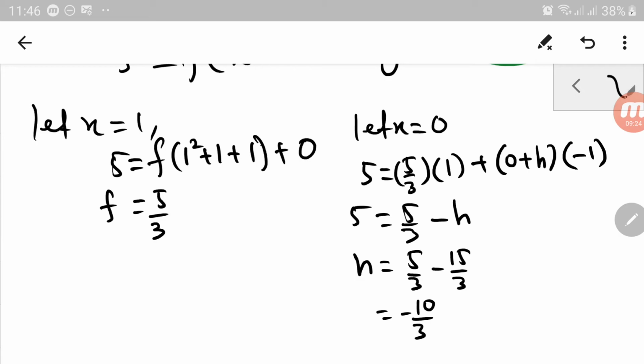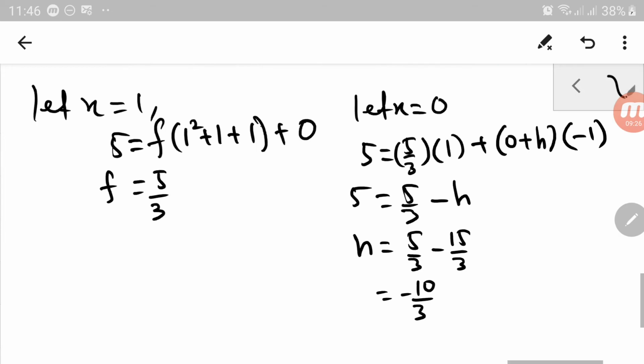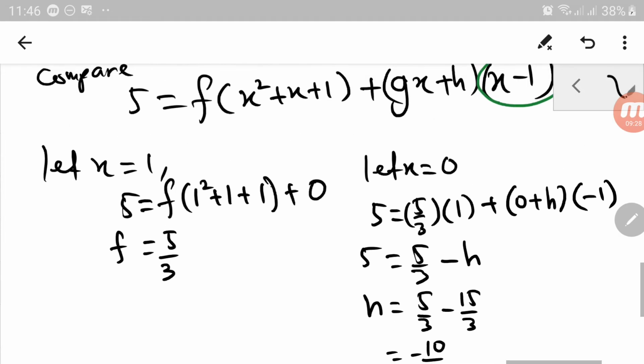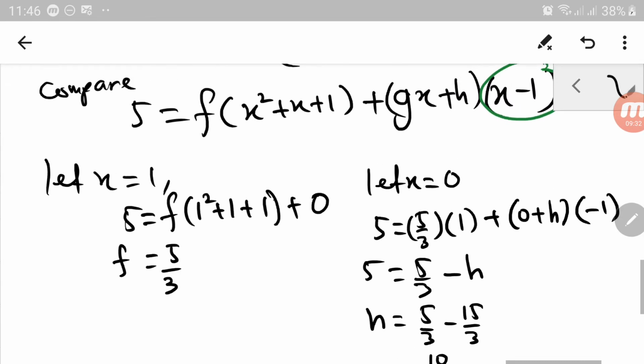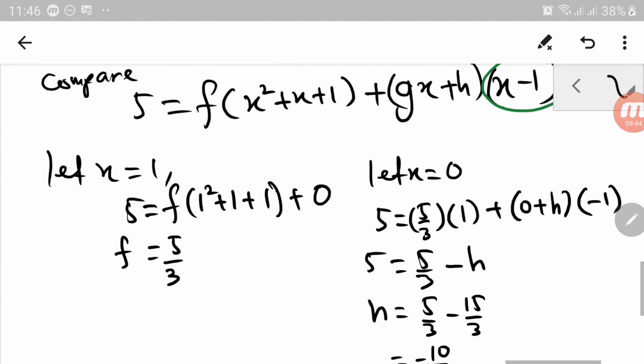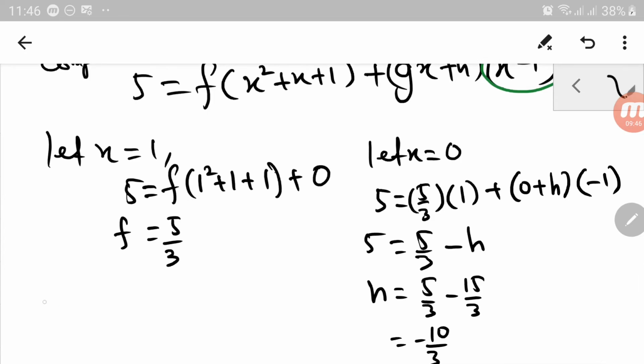Wait, correct? Correct. So we have f and we have h. Now what we want to find is g. So we need to decide another number to substitute. 1 is already done, 0 is already substituted, maybe minus 1. So we let x equal minus 1.